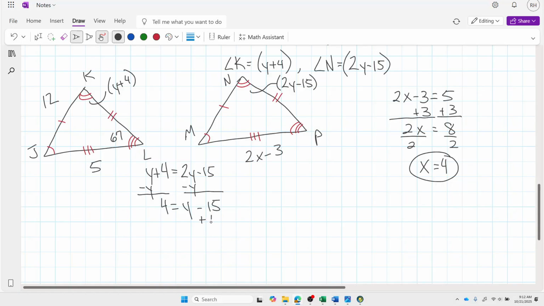And add 15 to each side. So 19 is equal to Y. Any questions?